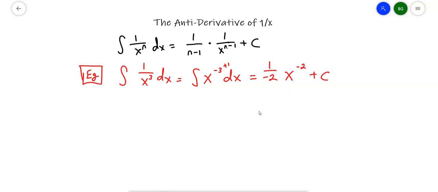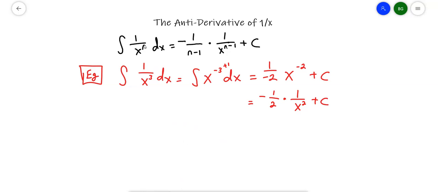Now, of course, this is kind of a goofy way to write that. So, in fact, it's going to be negative 1 over 2, times 1 over x to the 2 plus c. I just realized I forgot a negative sign in this little rule here. There we go. And let's make sure this actually works.